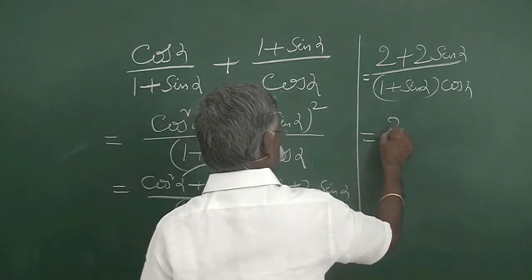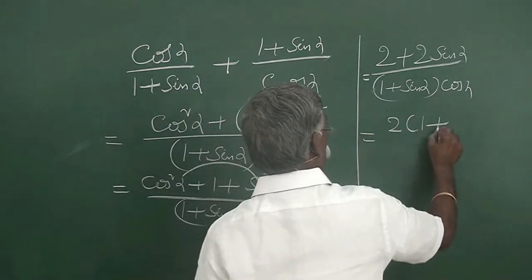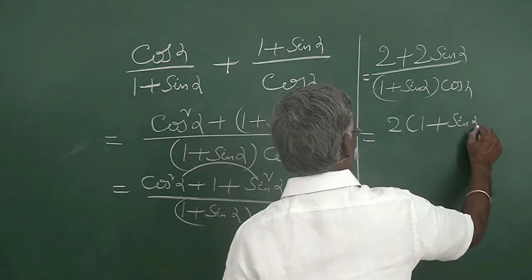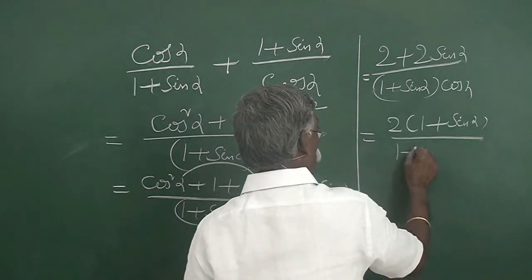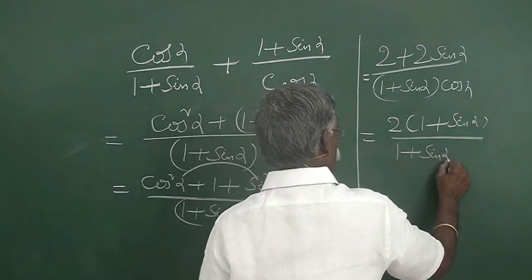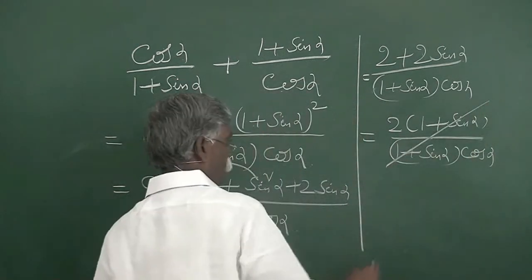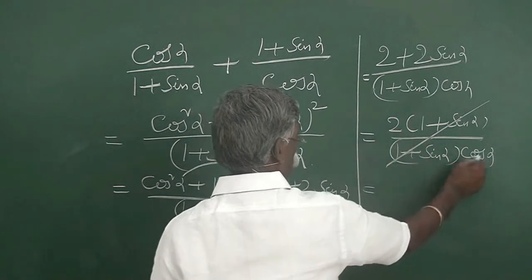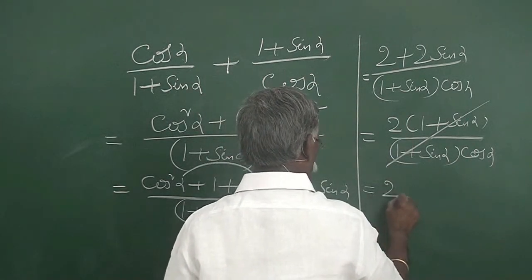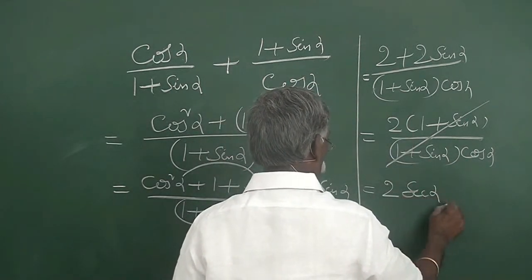Now 2 can be taken as common factor. This is 2 into 1 plus sin alpha by 1 plus sin alpha into cos alpha. These two get cancelled. This is 1 by cos, which is secant, therefore 2 into secant alpha.